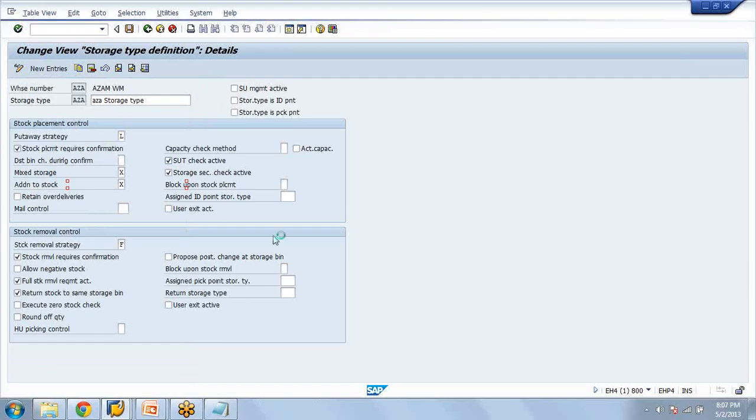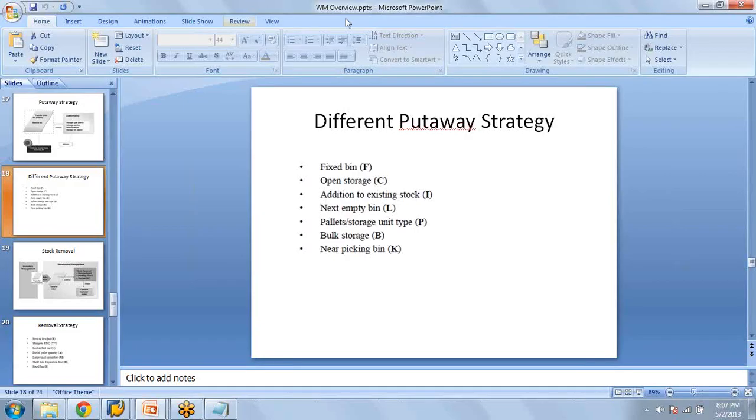See, the main difference in each and every put away strategy is very important. Open storage is quite common. For example, you have a single warehouse with a space restriction, so you maintain one common area and use this strategy for this storage type.